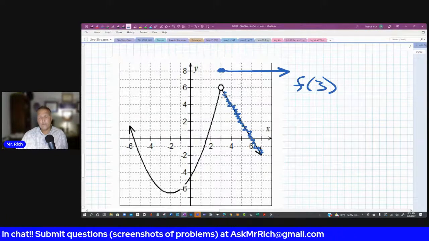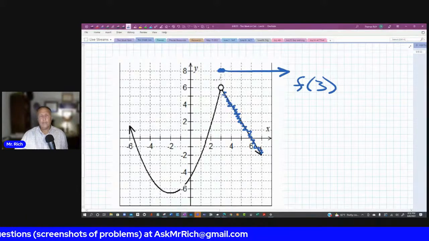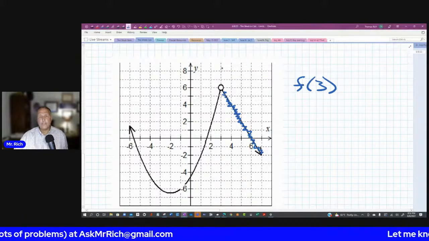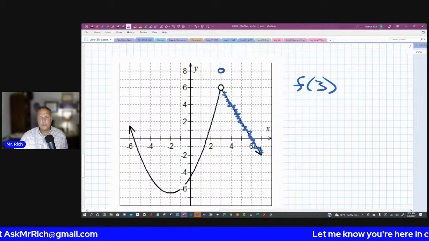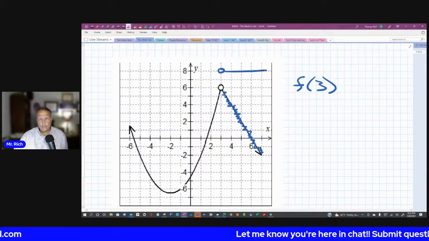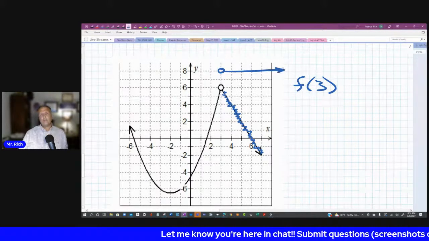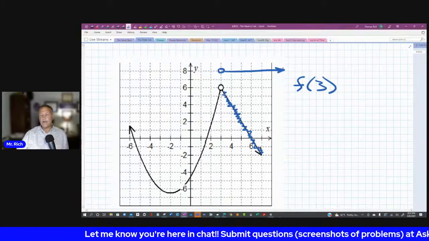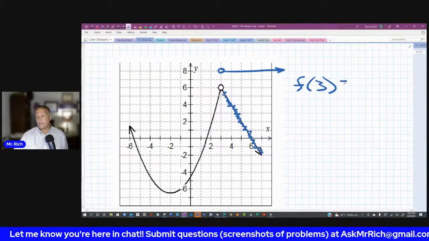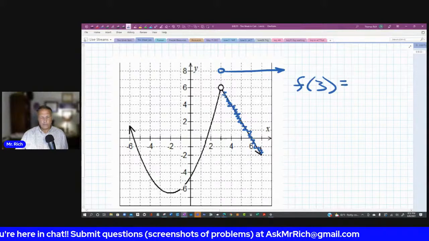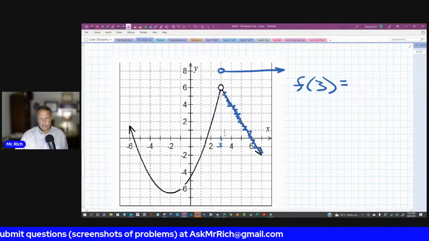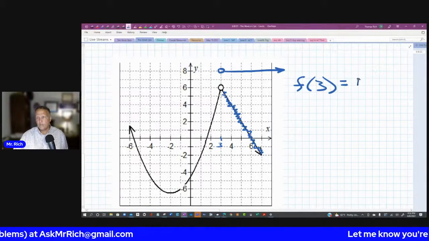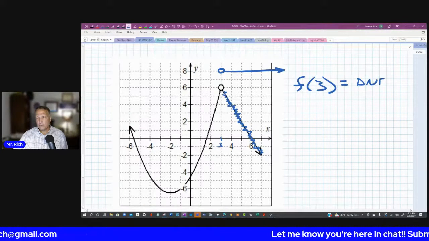But if I remove this linear function here, and suppose I replace it with a horizontal linear function like this. Now, if I say what's f of 3, we come to exactly x equals 3, and we go up and we see that there's a void here and there's a void here. So the function still does not exist.